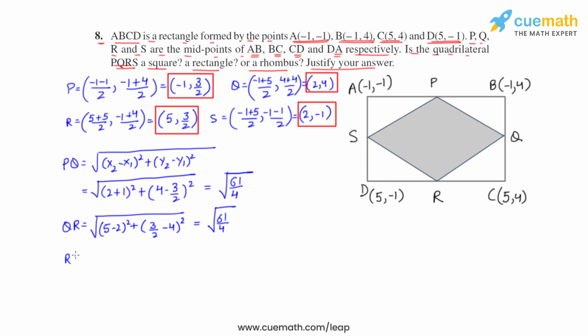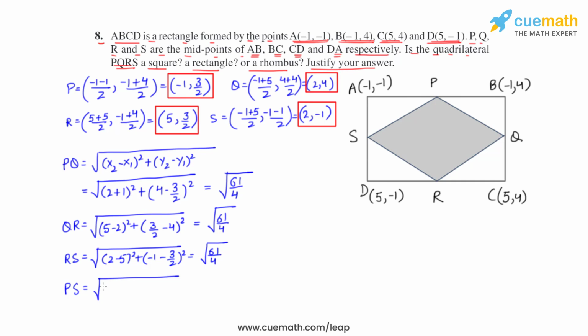Then RS, same, R(5, 3/2) and S(2, -1). So (2 minus 5) whole square plus (-1 minus 3/2) whole square. Again we will get square root of 61 by 4. Then PS, P is (-1, 3/2), S is (2, -1).